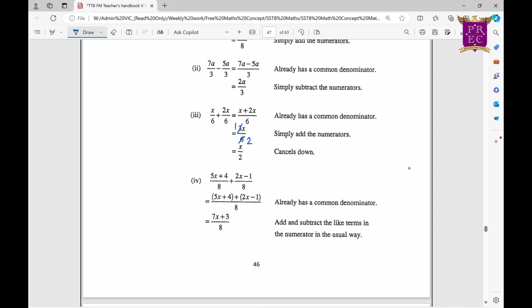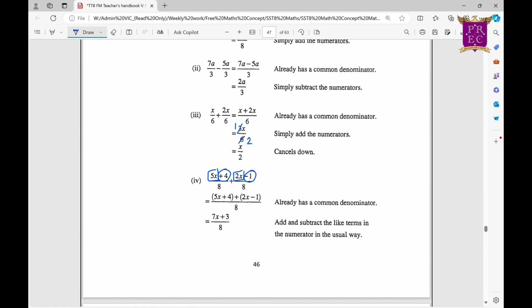Okay, and even for example 4, it just becomes like this, it was what we did earlier with grouping like terms. So these two are like terms, and these two are like terms.